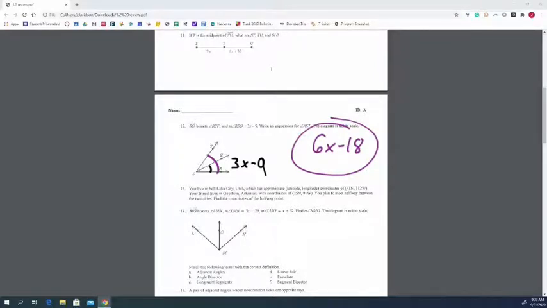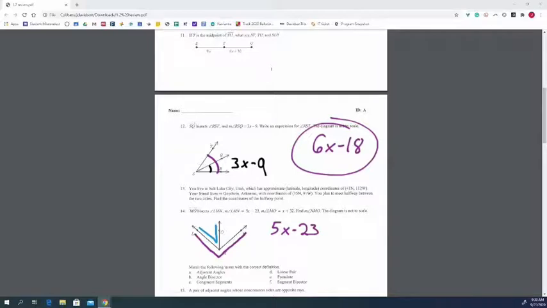All right, so question on number 14. Common mistake here. LMN is 5x minus 23. That's the whole thing. 5x minus 23. We can set up an equation here using LMO. LMO is this half right here.